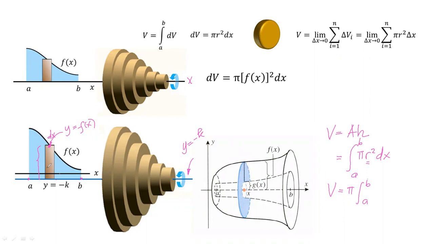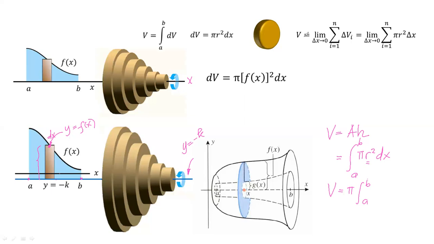Okay. What is the appropriate expression for the radius in this case? You can write, okay, I have here f of x minus k squared. Length minus x is equal to the radius.